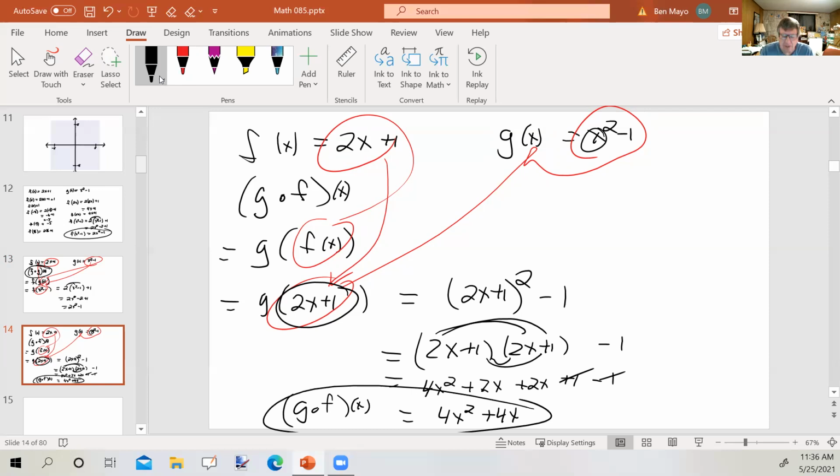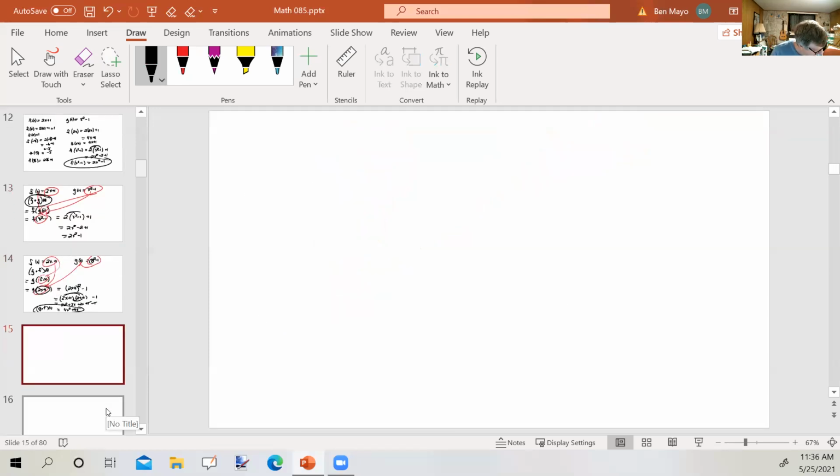All right, so let's go back and look at some more specific examples using just numbers. Let's say we've got f of x equals 3x minus 2, and g of x equals x squared plus x.